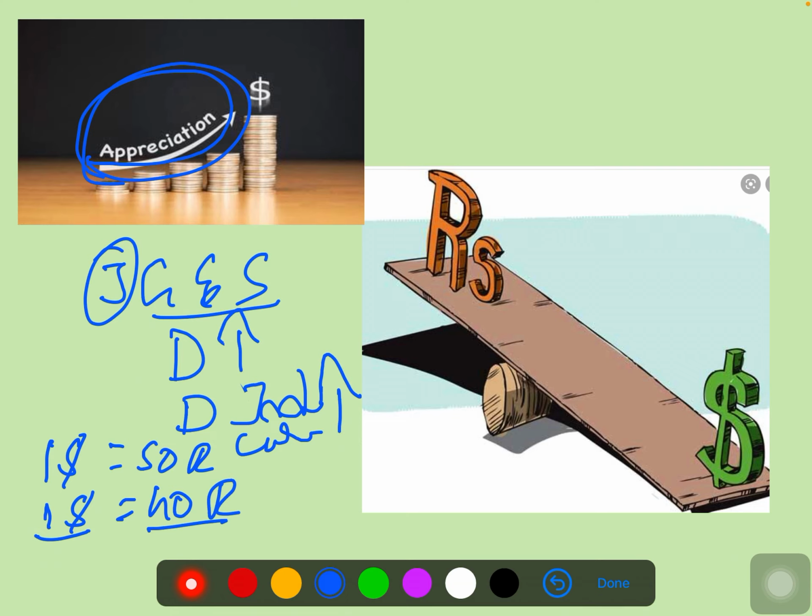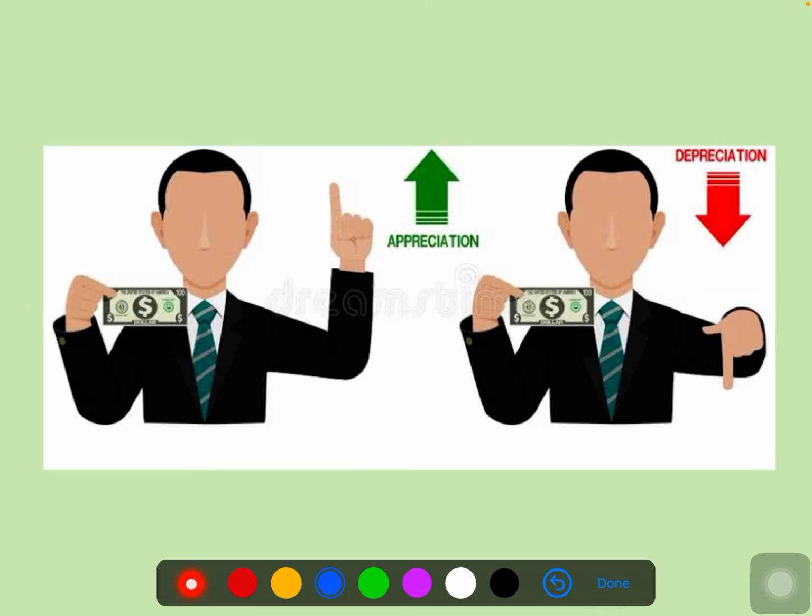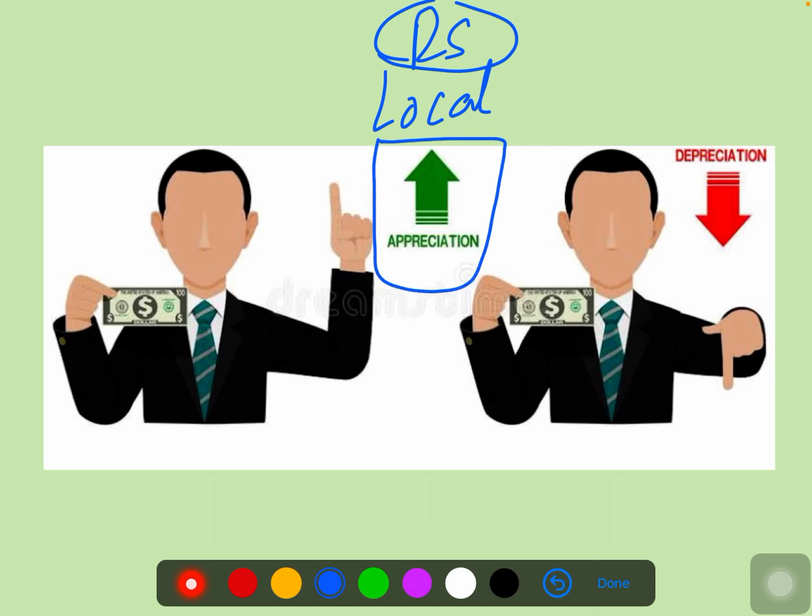This way we can analyze whether our country's currency appreciated or depreciated. Which one is good, appreciation or depreciation? Definitely for the local currency, the Indian rupee, it should always be appreciated. Our Indian currency value should increase.